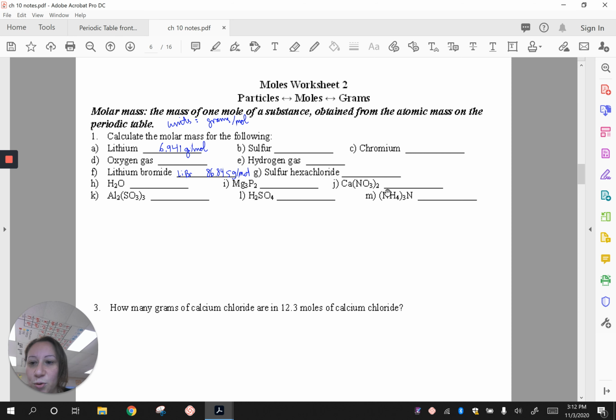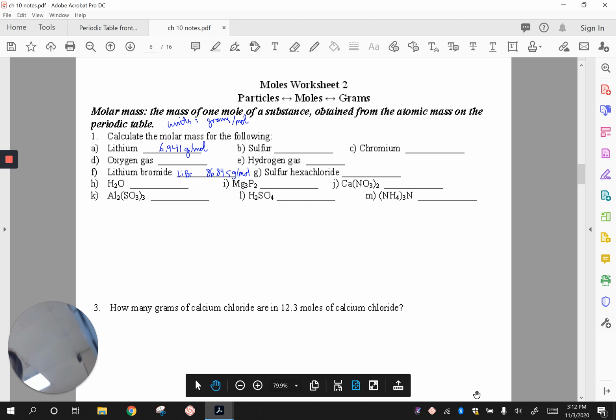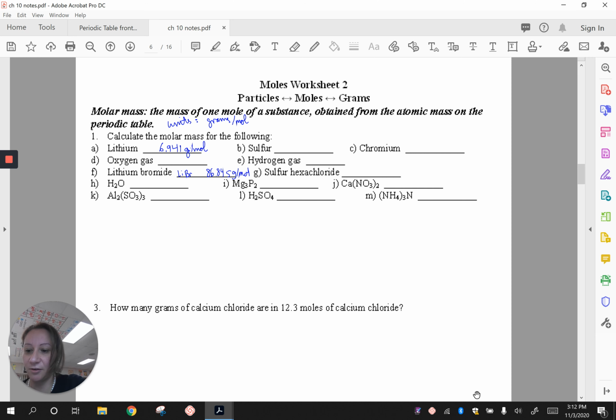How about let's do K. K looks interesting. Al2(SO3)3. So when I have to do one of these, what I do is I make a list of how many of each of the elements I have. So I have 2 aluminums. I have 3 sulfurs, because remember this distributes.